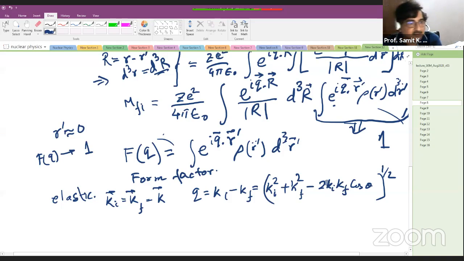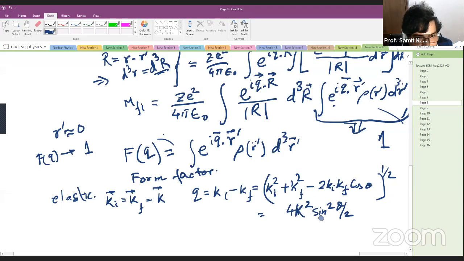Then we can write this quantity as 4 pi, because k_i and k_f are the same. And if you do a little bit of juggling, then this is 4 k squared sine squared theta by 2.